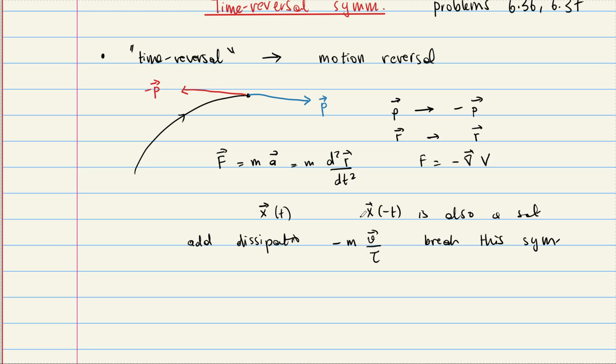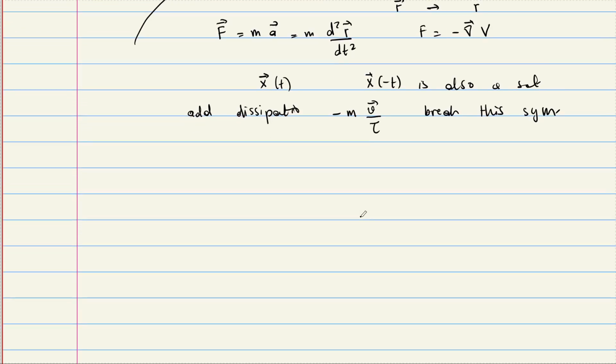Good. A very common example is a particle in a magnetic field. Suppose we have a magnetic field out of the page, and with the right hand rule, the particle is going to circulate like this, with momentum like this.